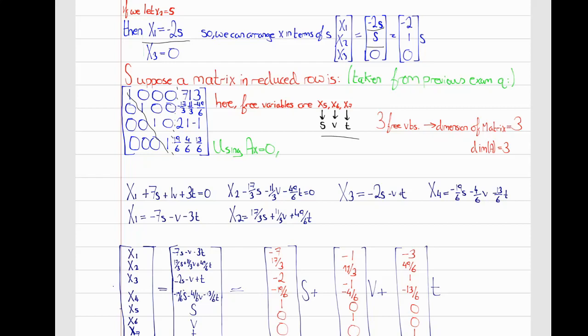We've got 3 free variables, so the dimension of the null space is 3. Now, using this set of linear equations, we're going to have these equations here, and so on. So say, for example, from the first row here, we have x1 plus 7 times s, that's x5, plus 1 times v, this is x6, plus 3 times t, which is x7, equals 0, and so on.